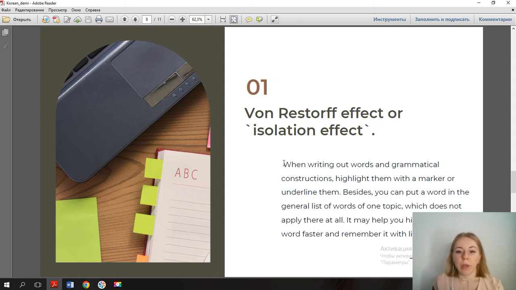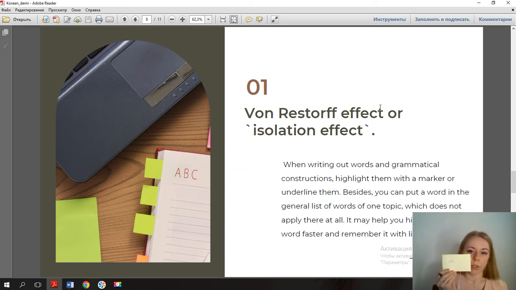What is it? When you're writing down words and grammatical constructions, you can highlight them with a marker, or you can underline them. For example, you have a word, for example, note.